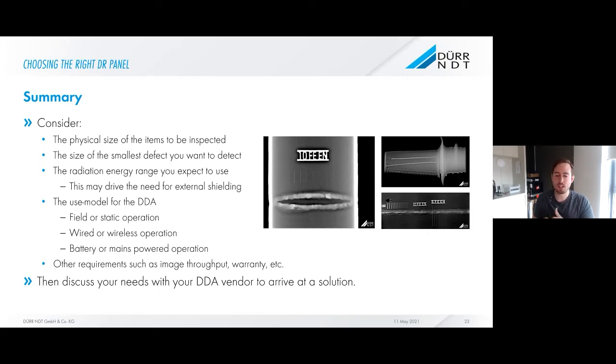Best thing to do is to discuss with your vendor your requirements, and us as a vendor, we're always happy to discuss any applications you may have for DDA, DRT, direct radiography with DDA panels. So if you do have a particular application which you think may benefit from using a DDA panel, I'm always happy to discuss and advise on that.